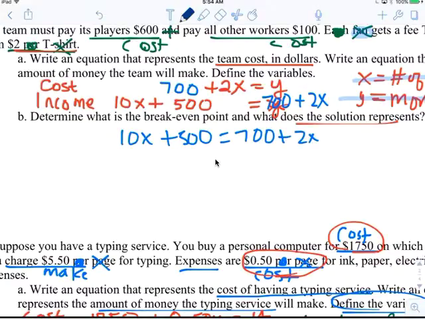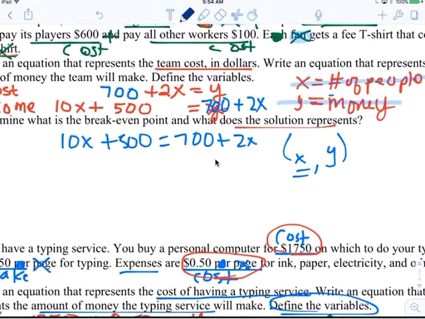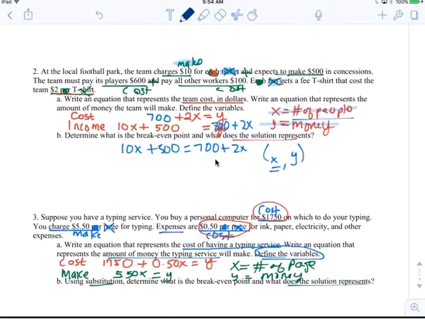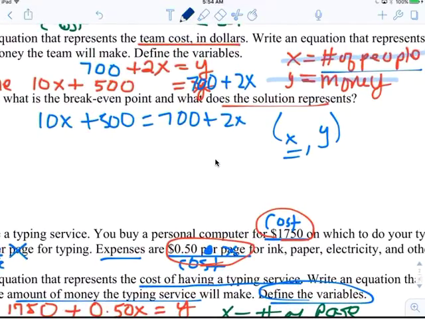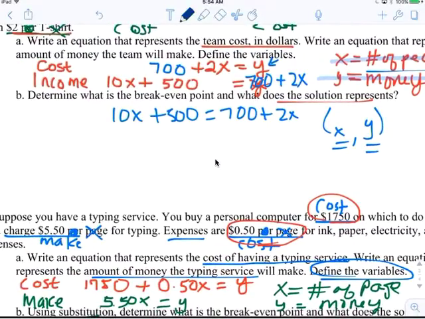Once you find x, you need to go back and substitute and find y, because your answer needs to be x, y. And x tells you the number of people who are going to go and watch the show, or this place, the local football team. And y is the amount of money they'll make and the amount of money it costs them.